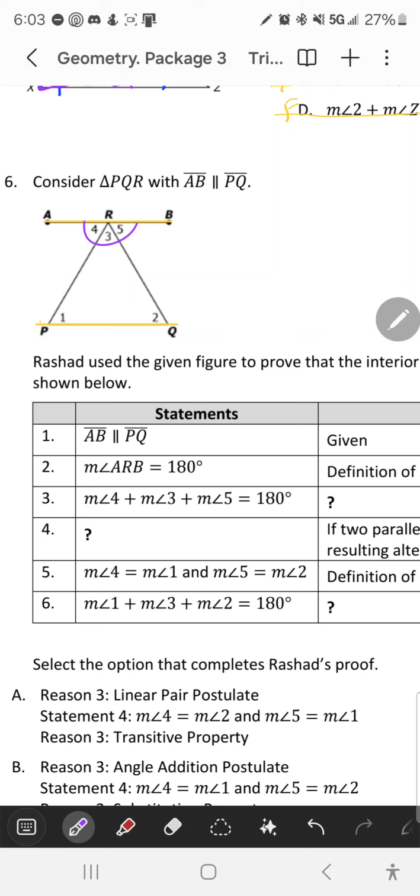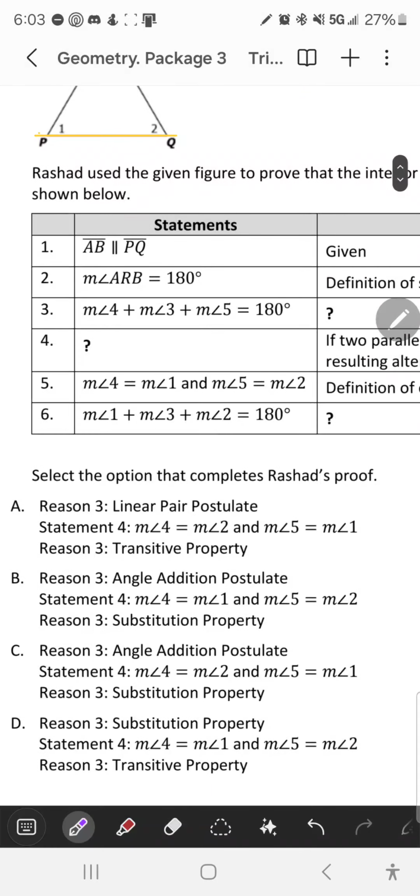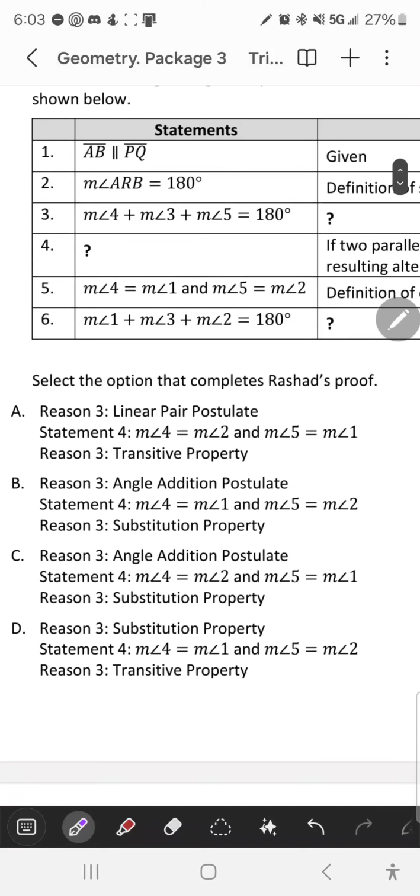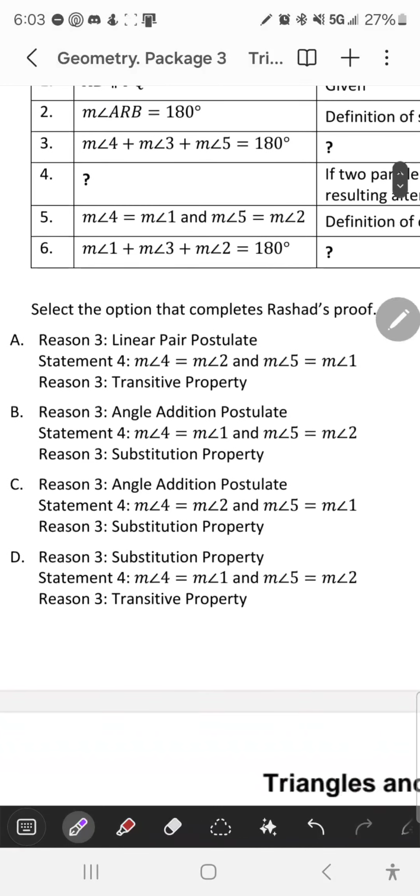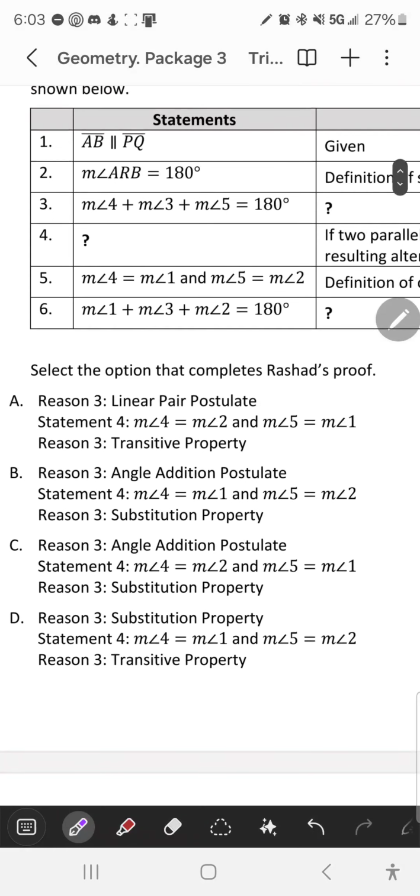So the measure of angles 3, 4, and 5 equals 180. Let's see which reason is better. Basically, let's keep reading.